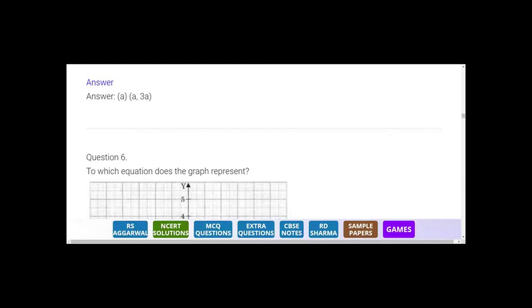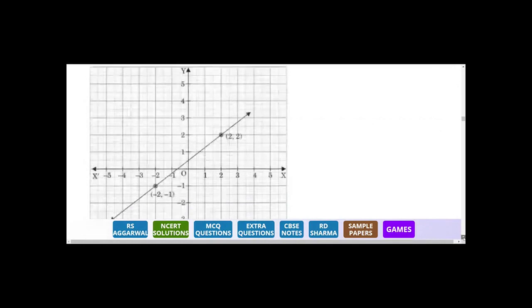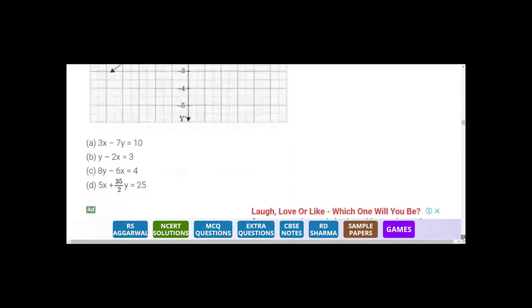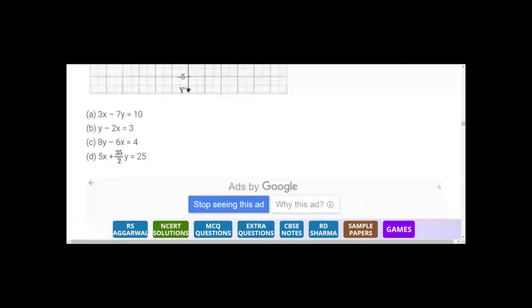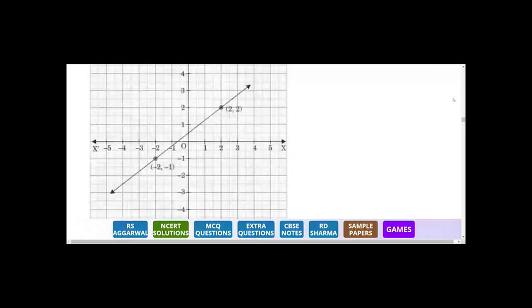Next is Farhan. Here they have given some equations. You have to tell which of these equations fits this. Shall I tell the equations? You can't see, I think. See, the points are 2, 2 and minus 2, minus 1.